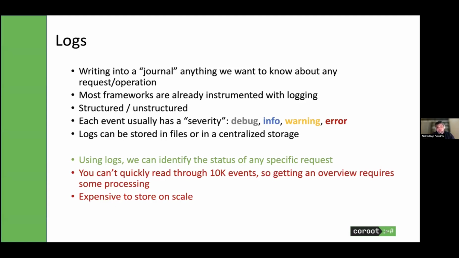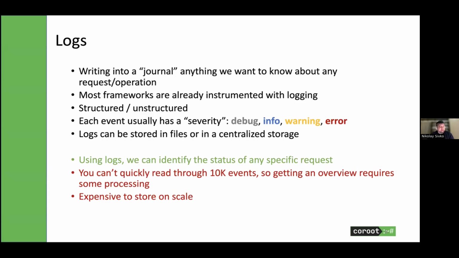So let's start from knowing nothing about modern observability stacks and tools. The first step, we can add logging into our applications. We can write into some journal, for example, each request. We can add a latency timer and write the response time for each request.